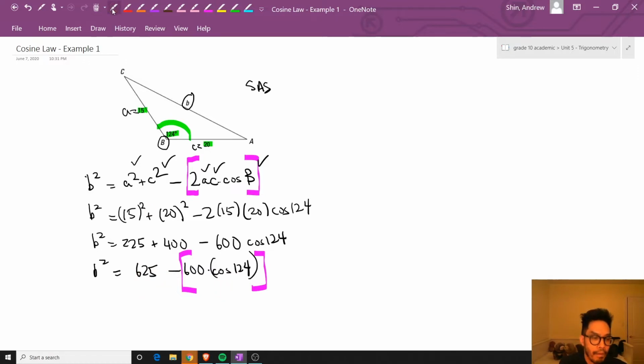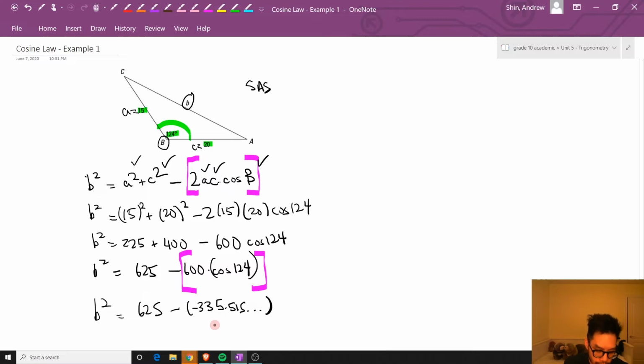Okay. So b squared equals 625 minus, and you can do 600 times cosine 124. And that's going to be negative 335.515 dot dot dot. I'm keeping every single decimal in there.